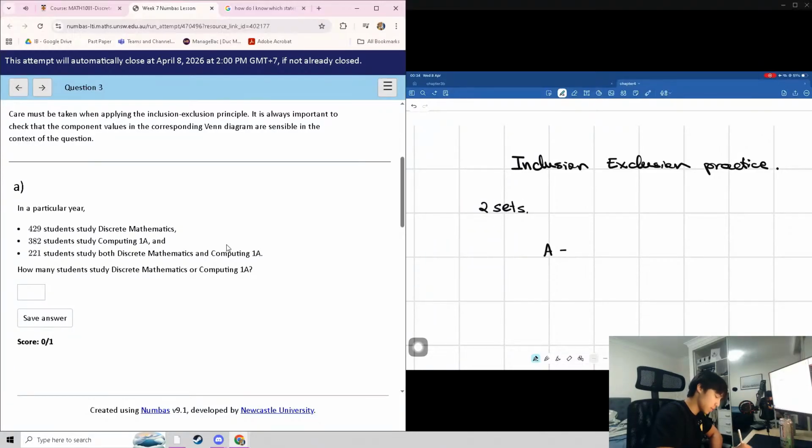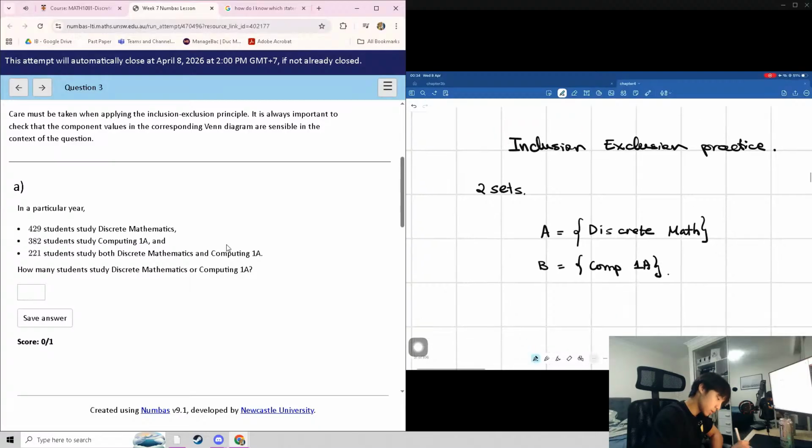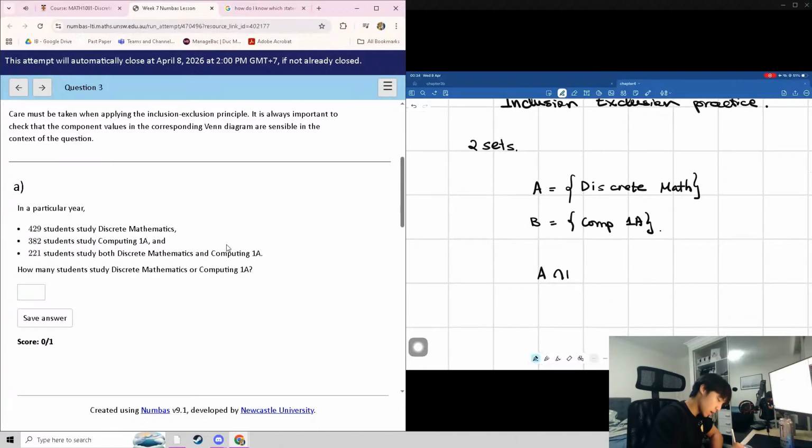Let set A be discrete math kids, B is computing kids, and A intersection B is those who study both.